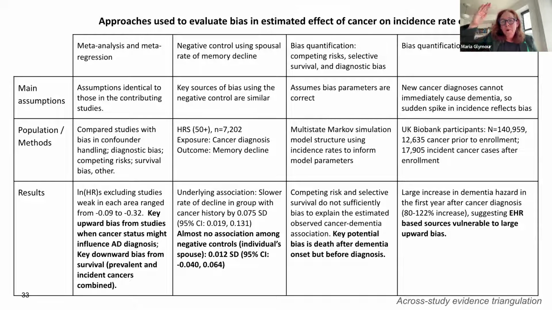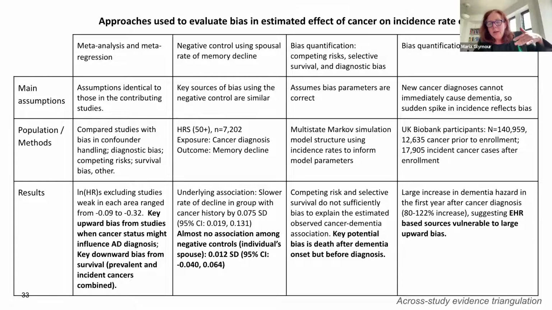The key upward bias, the bias making cancer look less protective, was from studies where cancer status might influence AD diagnosis. In fact, if you had cancer, you were more likely to get diagnosed with dementia, regardless of your underlying cognitive status.